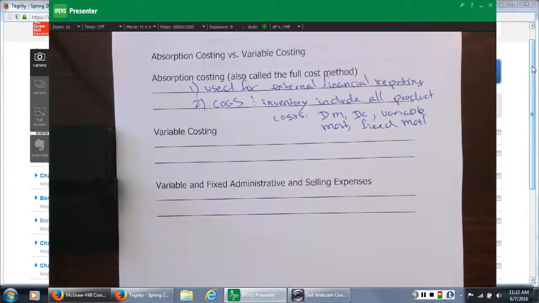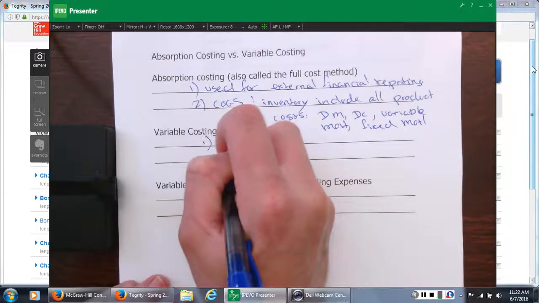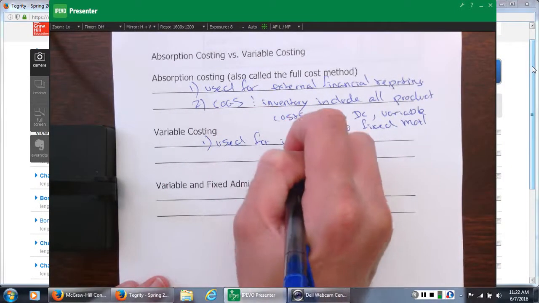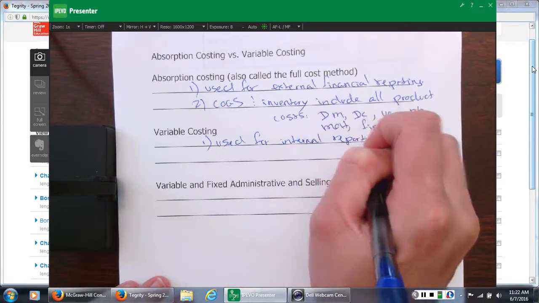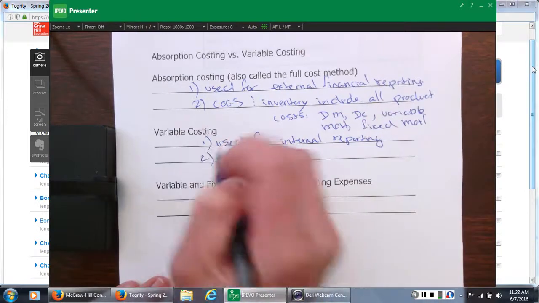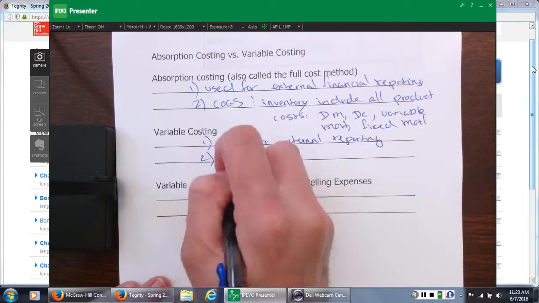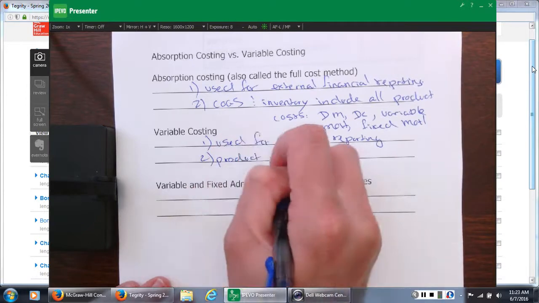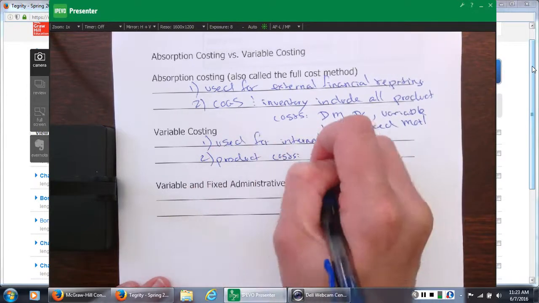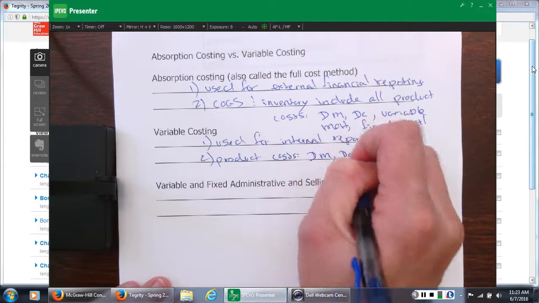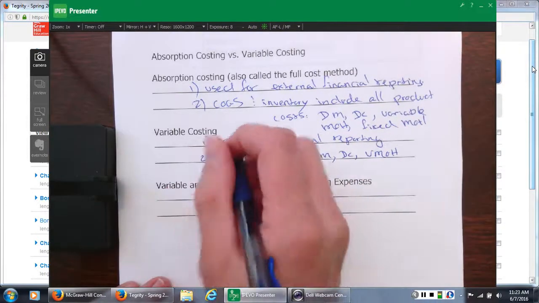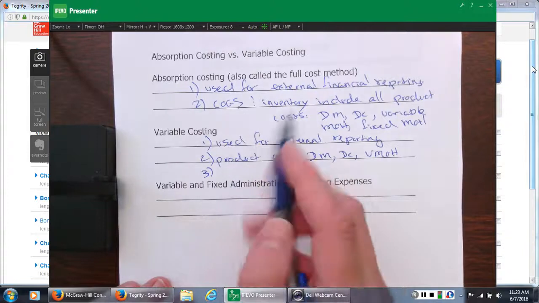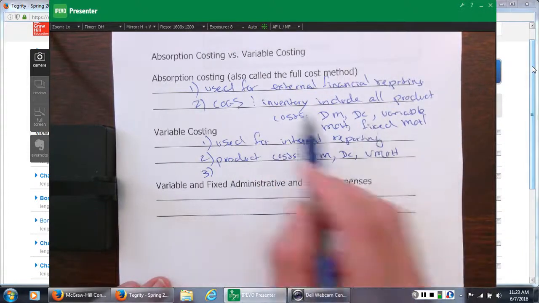Variable costing, on the other hand, is used for internal reporting. Okay, and product costs are our direct materials, direct labor, and variable manufacturing overhead. And then so the main difference between absorption costing and variable costing is you can see up here fixed overhead is treated as a product cost.